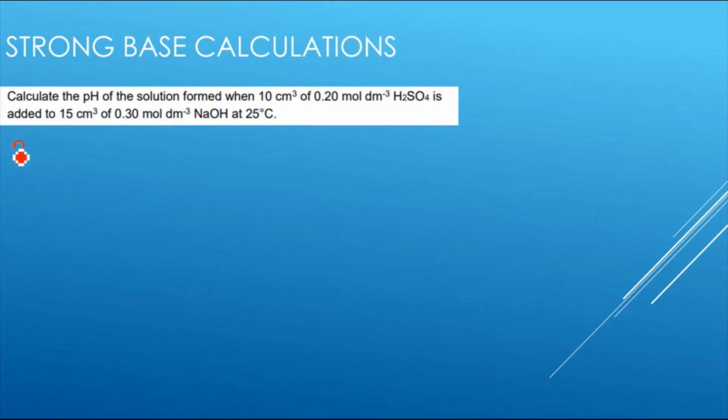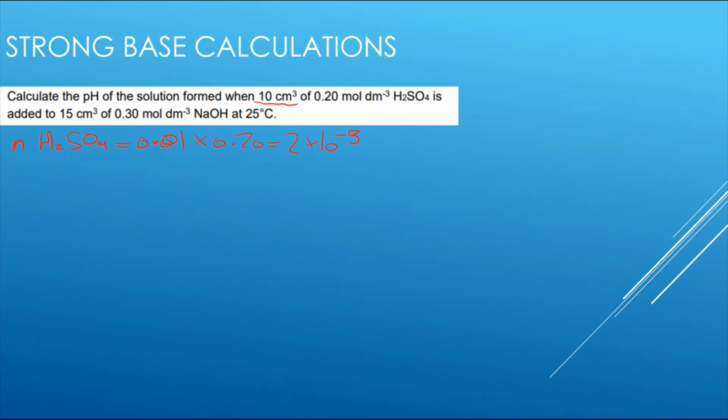Looking at the moles of H2SO4 first, that would be 0.01, so 10 centimeters cubed. Remember to convert that into decimeters cubed. So 0.01 times 0.20, which will get us the moles, 2 times 10 to the power of minus 3.